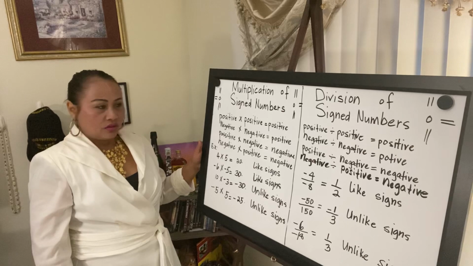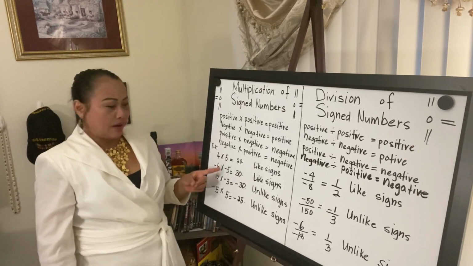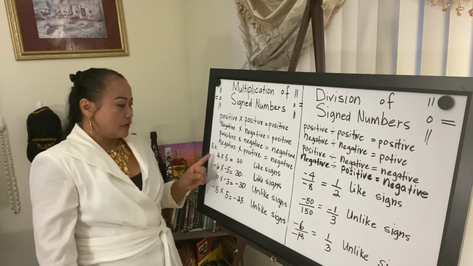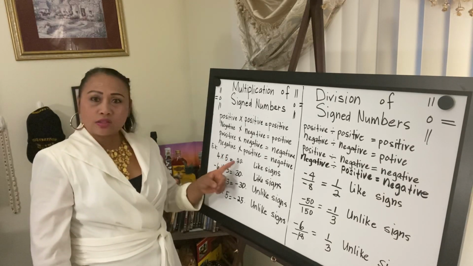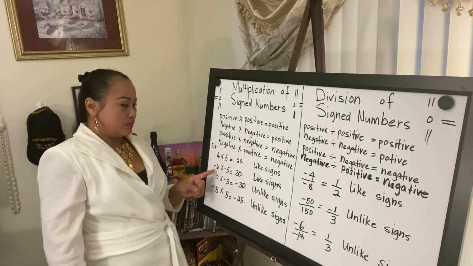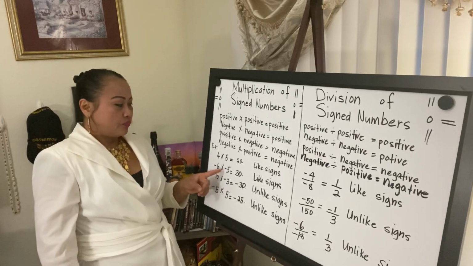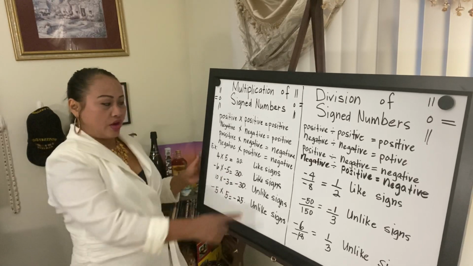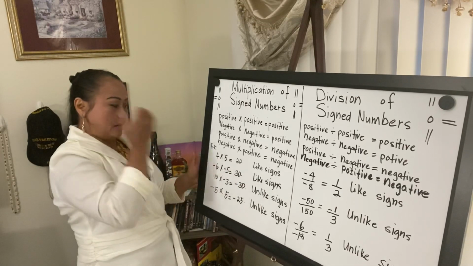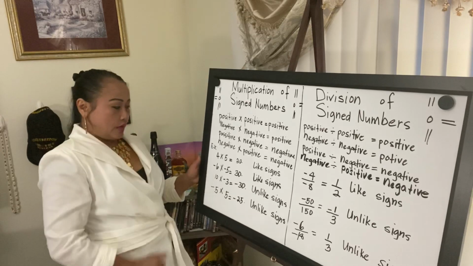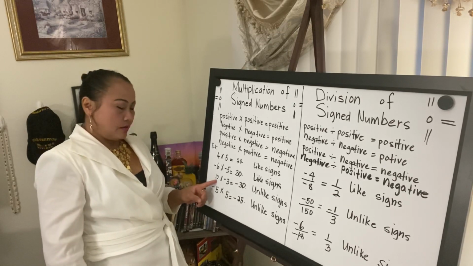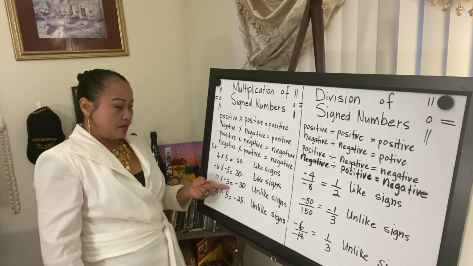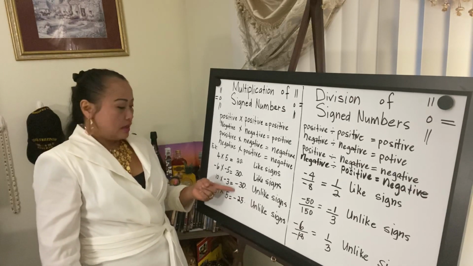Okay? So, here are the examples. Positive 4 times positive 5 equals 20. Here, negative 6 times negative 5 equals 30. They are like signs, negative and negative. Positive 10, or simply 10, times negative 3 equals negative 30.